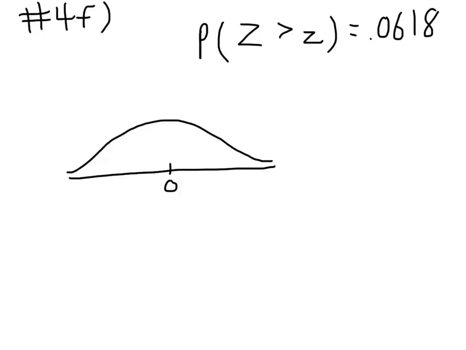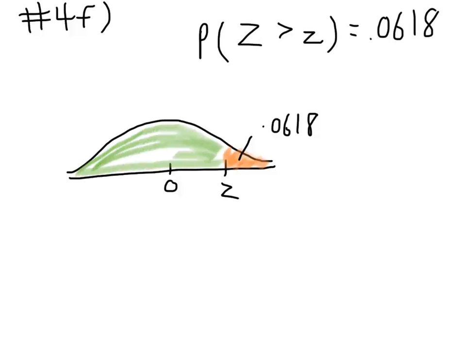So what we want to do is find some z that leaves us an area in this upper tail greater than that value, and this area here is going to be 0.0618. Now we can't look that up in our table because our table gives us the CDF, but we know if 0.0618 is above z, then due to the complement rule, all this area below z to the left of that z is going to be 1 minus 0.0618.